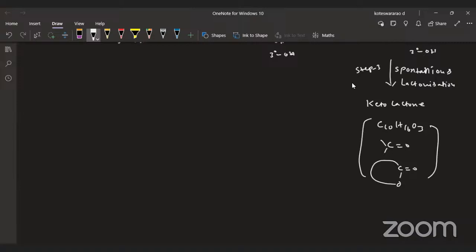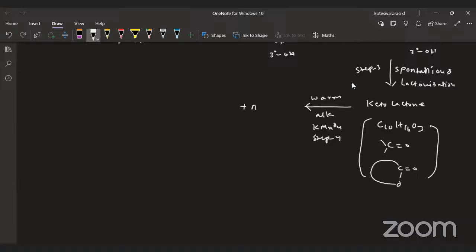This ketolactone is further treated with warm alkaline KMnO4. It is a mild oxidizing agent. This is step 4. Then what happens here? This ketolactone is converting into two molecules.